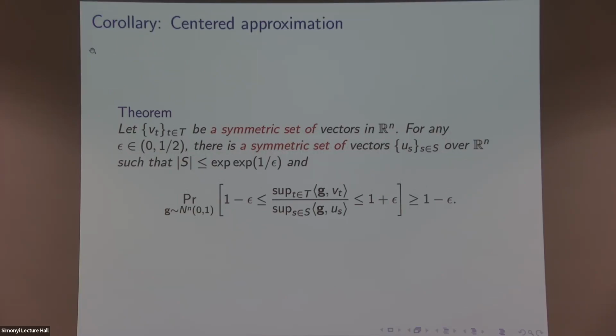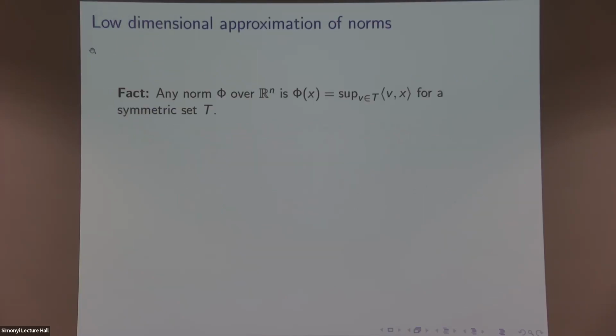This entails the following: any norm phi of x over R to the n can be written as a sup over a symmetric set of vectors T, of the inner product of V with x. Any norm can be written like this. So what does this imply?